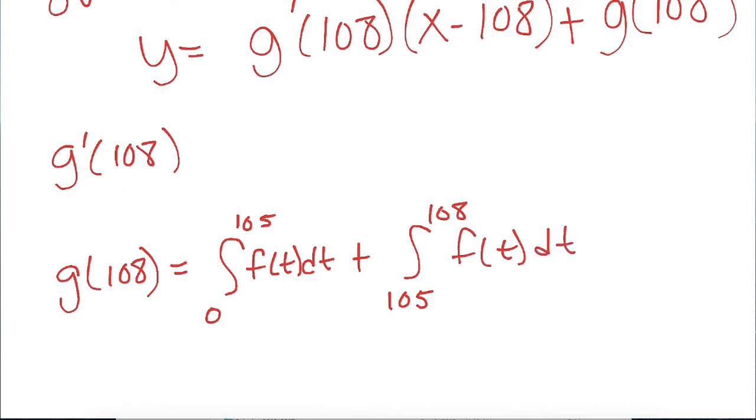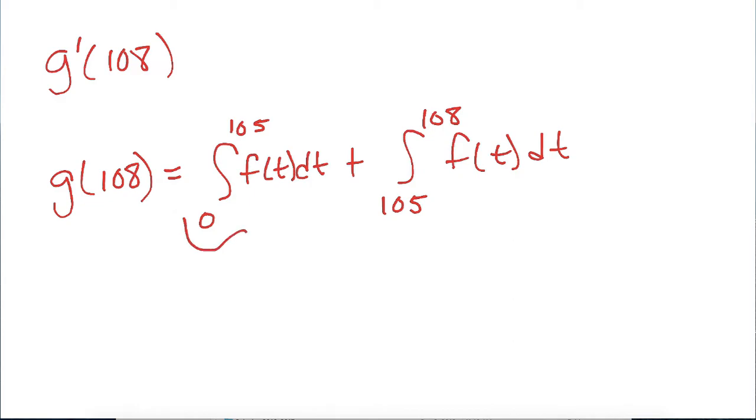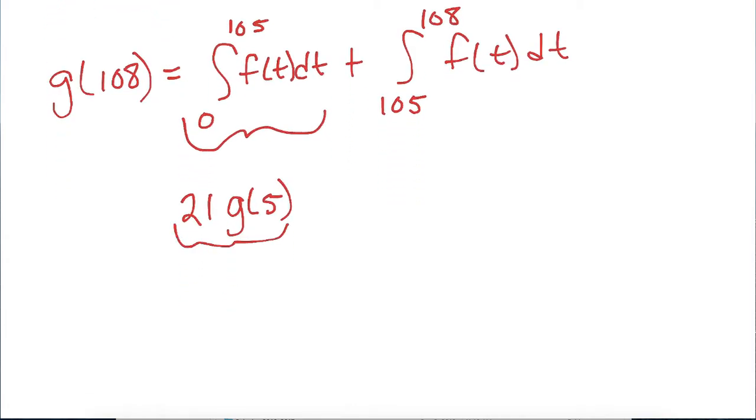Now, notice that 5 goes into 105 21 times. So this is 21 g of 5s. This is 21 times 2, or 42, right? But then we have to do plus.